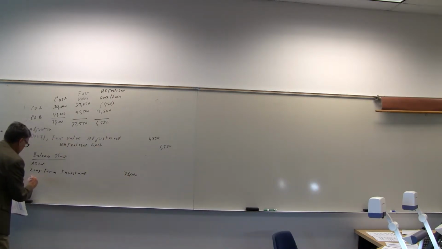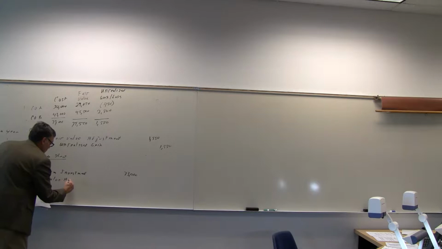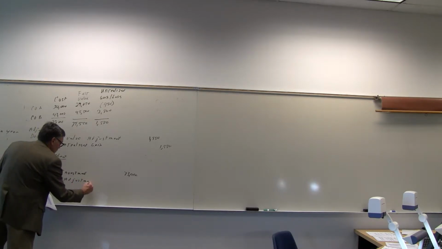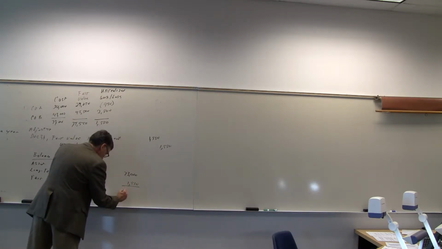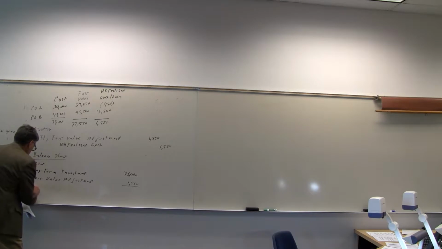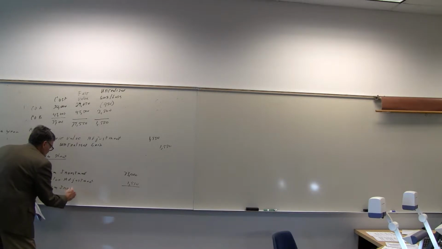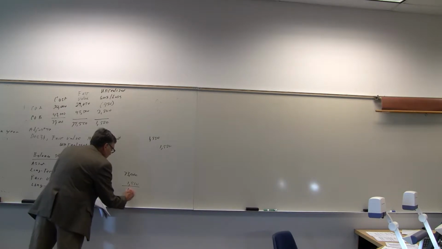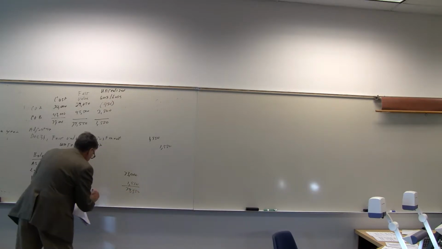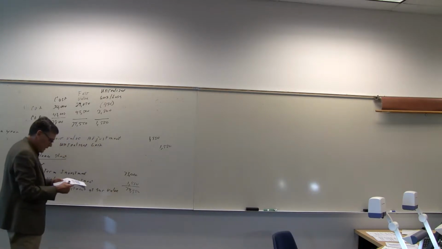Fair value adjustment will be 1,550. That meant the long-term investments at fair value will be 74,550. Okay, does that make sense?